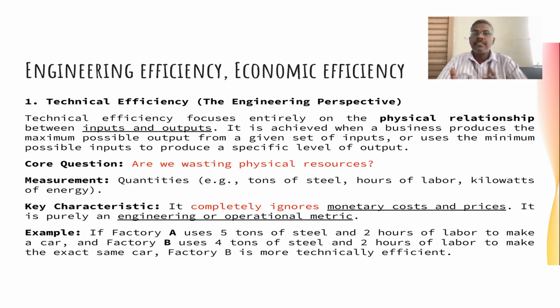Comparing these two factories, we can tell that factory B is more efficient because it uses less steel to produce the same car, right? So this is only talking about the physical relationship in technical efficiency.